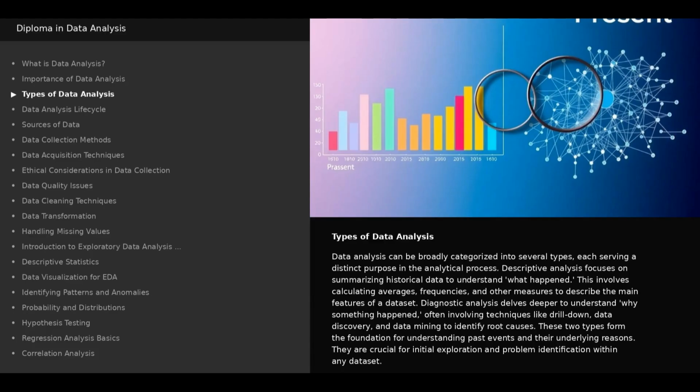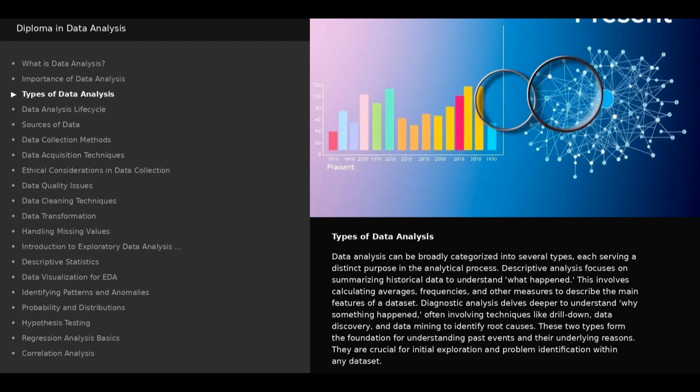Data analysis can be broadly categorized into several types, each serving a distinct purpose in the analytical process. Descriptive analysis focuses on summarizing historical data to understand what happened. This involves calculating averages, frequencies, and other measures to describe the main features of a dataset.